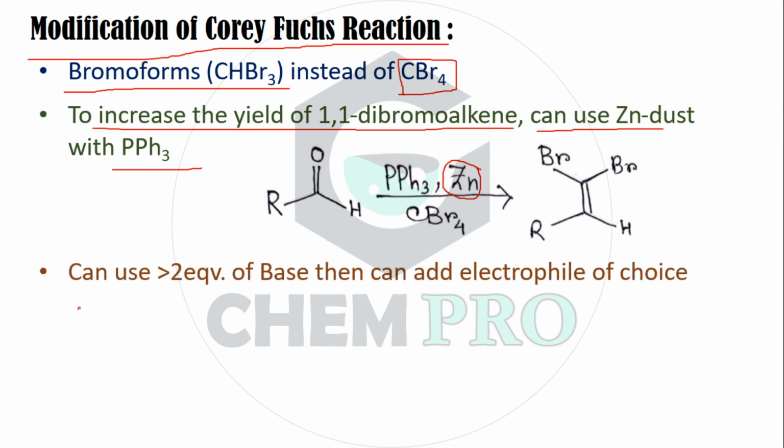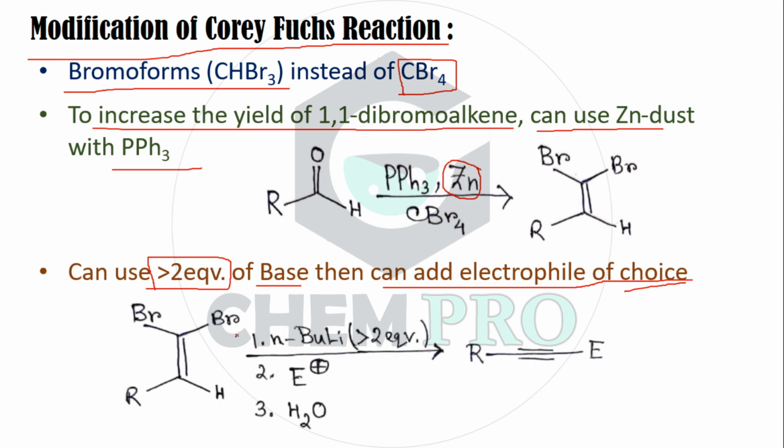Then we can just use two equivalents or more than two equivalents of base, that is here the n-butyllithium or as you wish. So we can just use more than two equivalents of the base, and then can add the electrophile of our choice. Okay, of our choice.